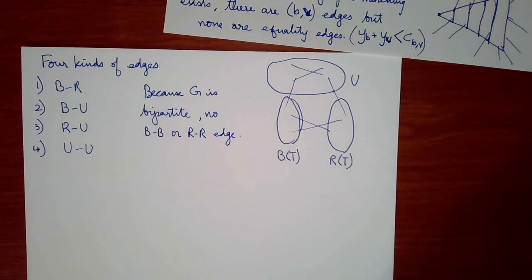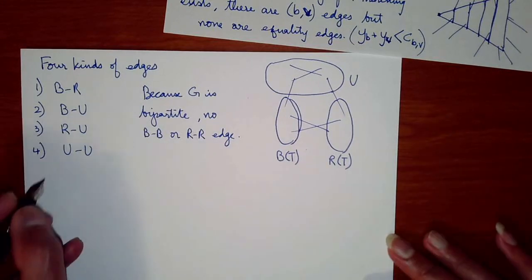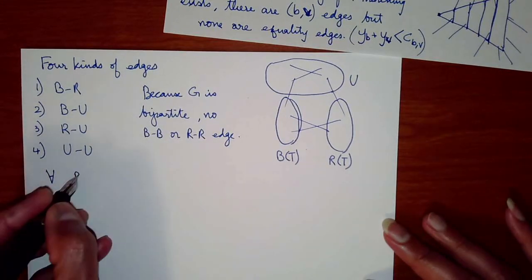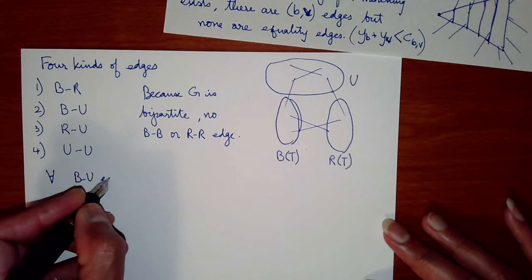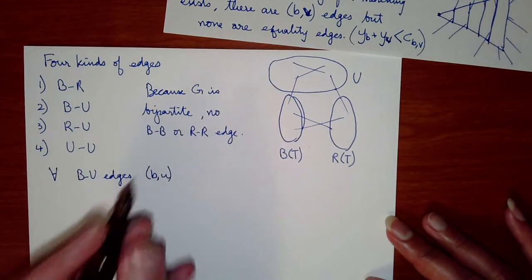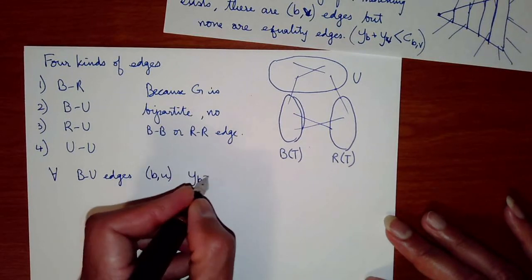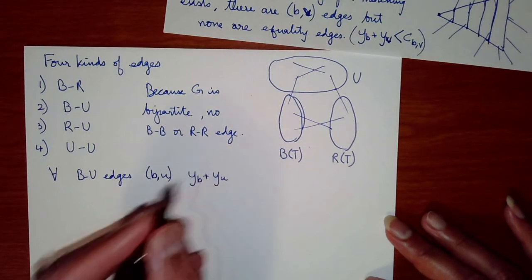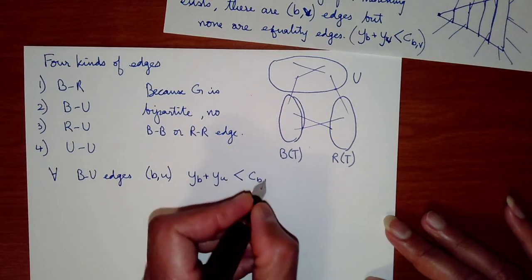Okay, this is because the graph is bipartite. Now the question is, how do you update the dual? And one more thing that we know. For all BU edges, which I'll call B little u, YB plus YU is strictly smaller than the cost of BU.